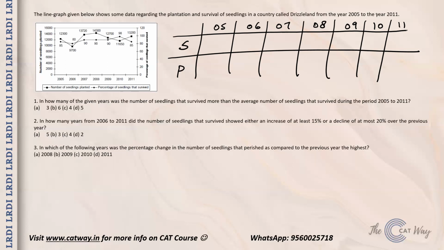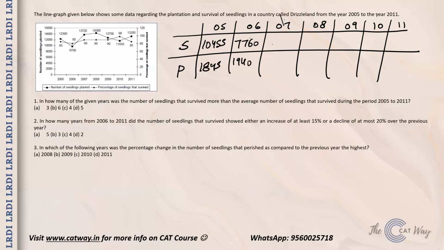So 85% of 12,300 will be 10,455, and the remaining 1845 perished. Similarly, 9,700 were planted in 2006, out of which 80%, that is 7,760, survived, and that means the remaining 1940 perished.